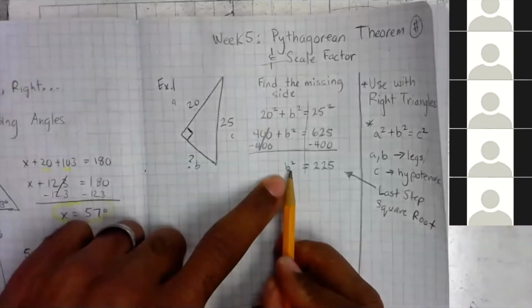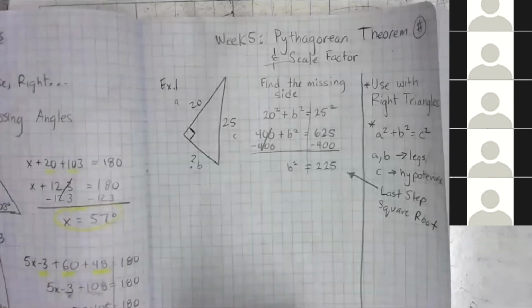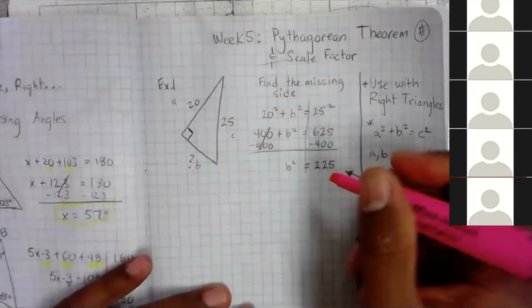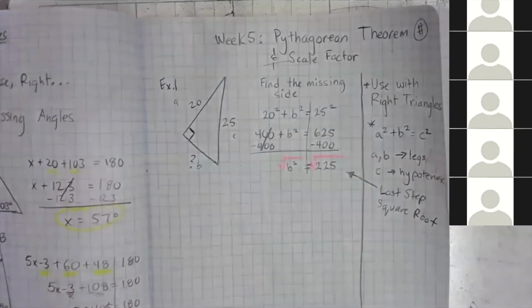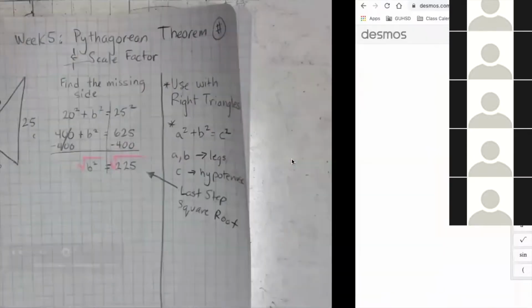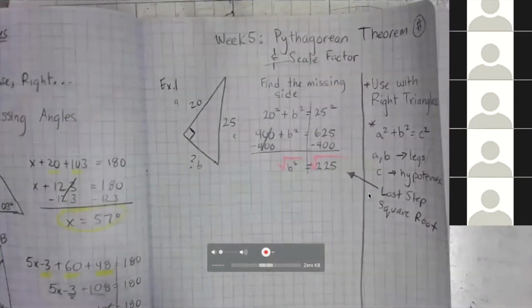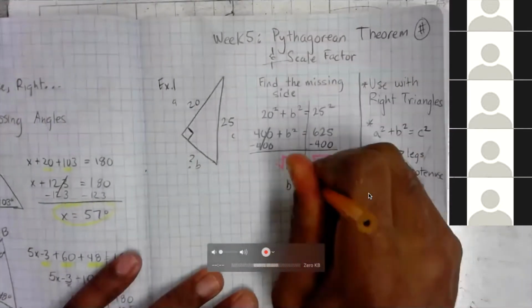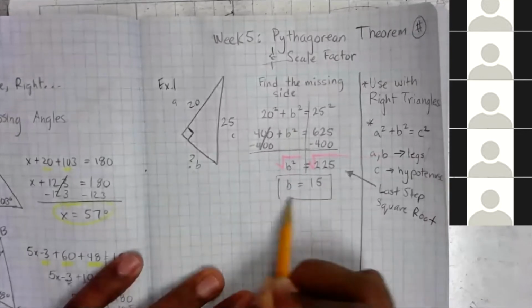So again, anytime we have that b squared or x squared or any type of squared variable, you would square root it to get rid of it. So square root both sides. And to do square root in Desmos, there's a square root option right here. And that's 225. And so you can see the answer is 15. So b equals 15. That's the length of the missing side.